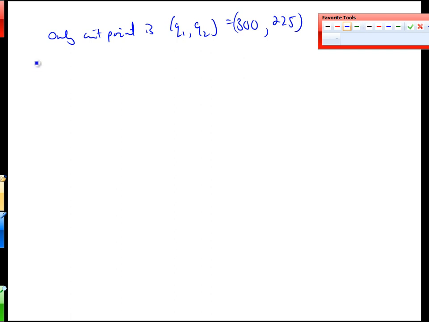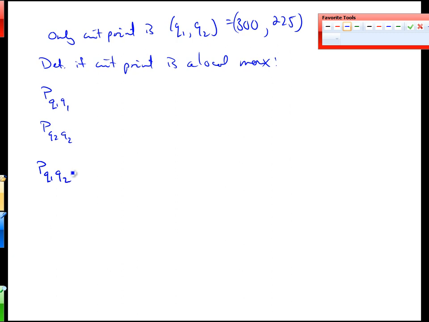Our next step is to determine if the critical point is a local max. Well, for that, of course, we need our second derivatives of our profit function. So we're going to have two derivatives with respect to Q1, two derivatives with respect to Q2, and the mixed derivative Q1, Q2.